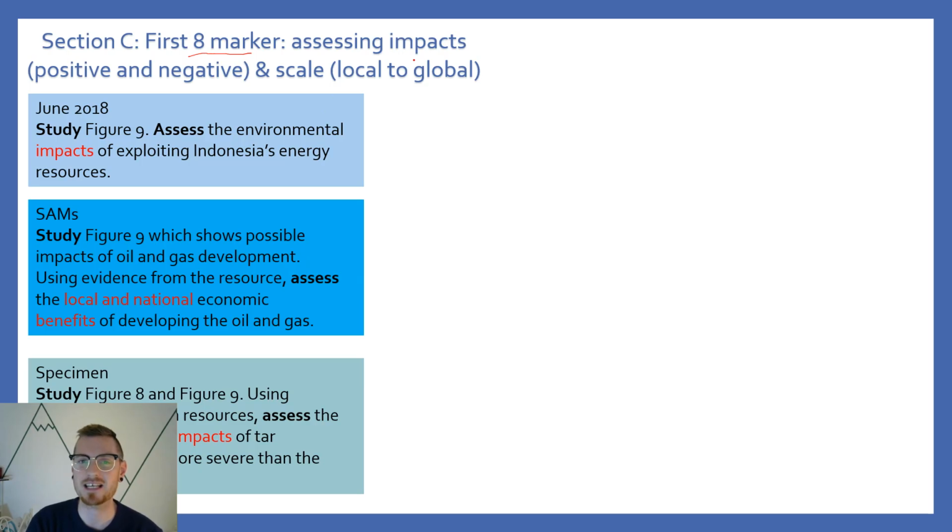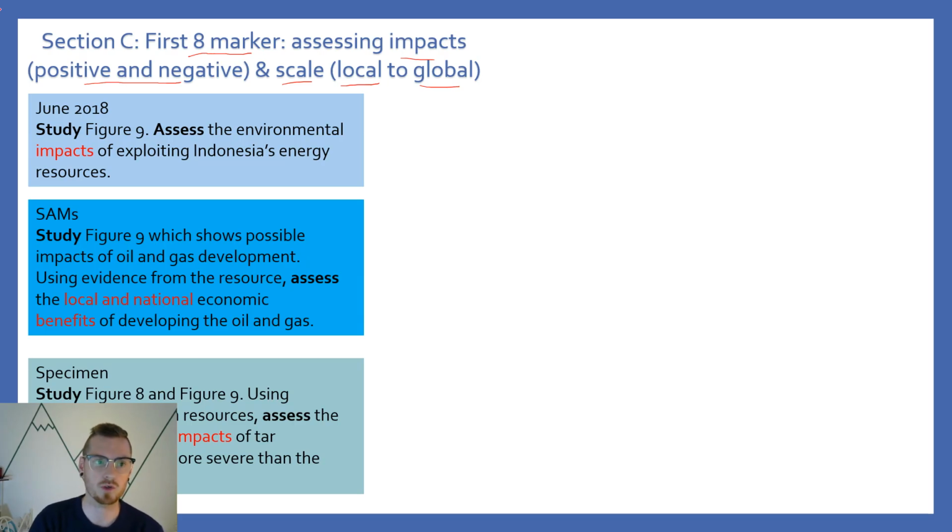But they have been about assessing the impacts, be it positive or negative, of some sort of energy extraction on the environment, and also about assessing that on a scale. So whether that's from a local area to the global level, or from local to global. So basically, it's been some sort of question about assessing impacts and potentially on a scale, okay, whether it's a local area up to a global.